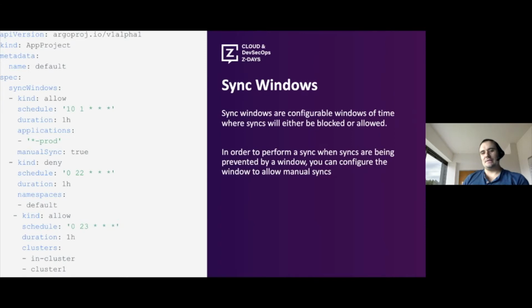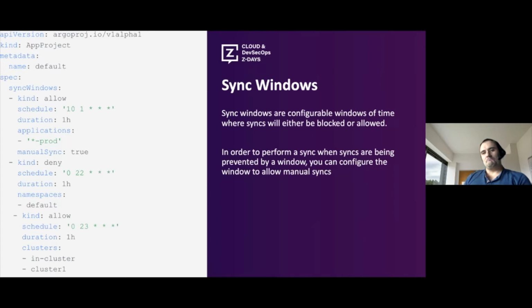Another use case that I faced, for example, is that we update our production only at night. And when you use GitOps, the idea of GitOps is that it automatically syncs the state of your Git repository to your Kubernetes cluster.